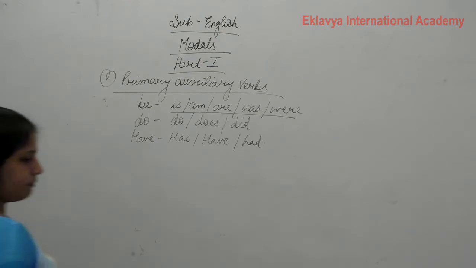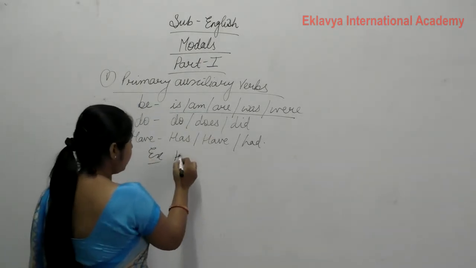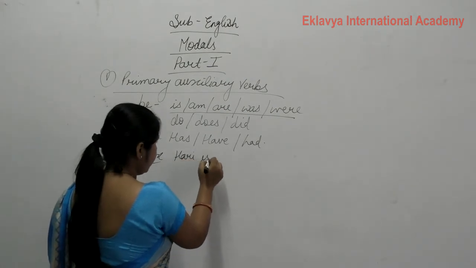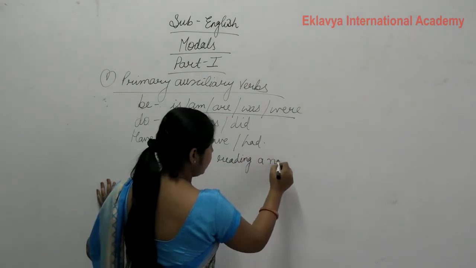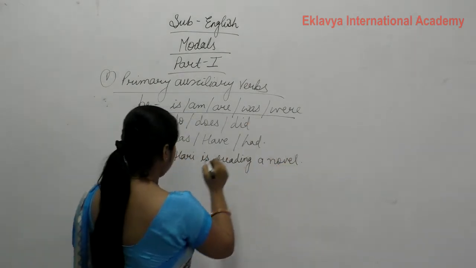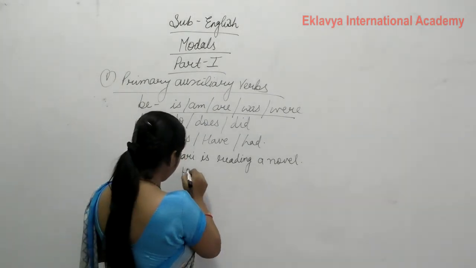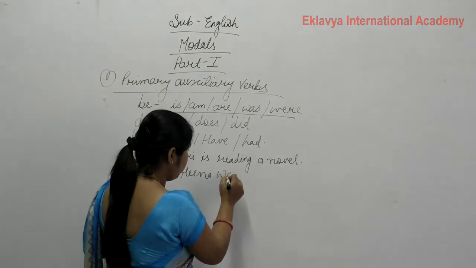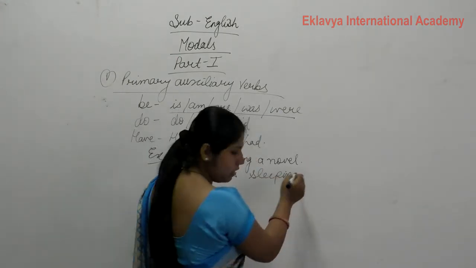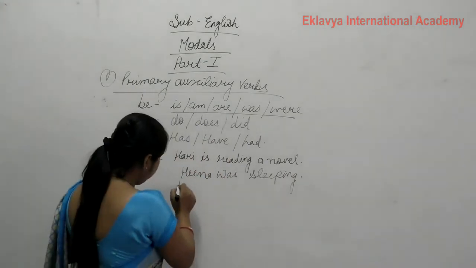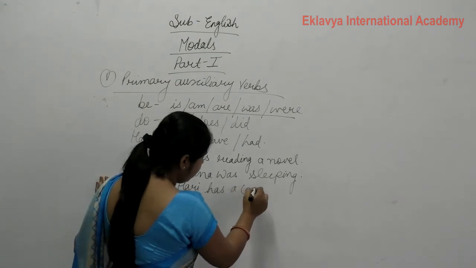Now, next. Write down the example. Suppose Hari is reading a novel. Hari is reading a novel. Clear? Now, Hina was sleeping. Hina was sleeping. So, this way we use our primary auxiliary verbs. Okay? Hari has a car. Hari has a car.